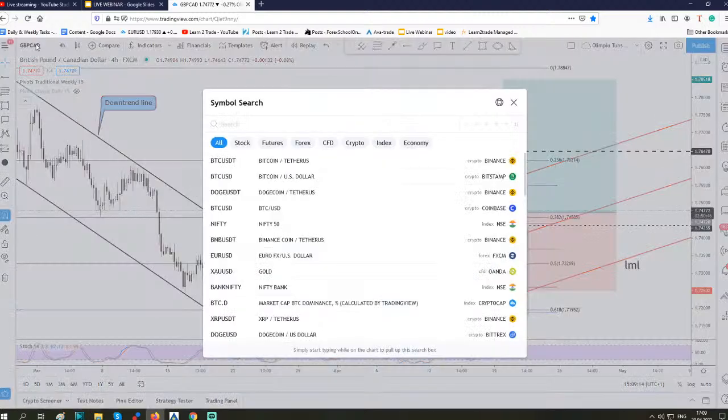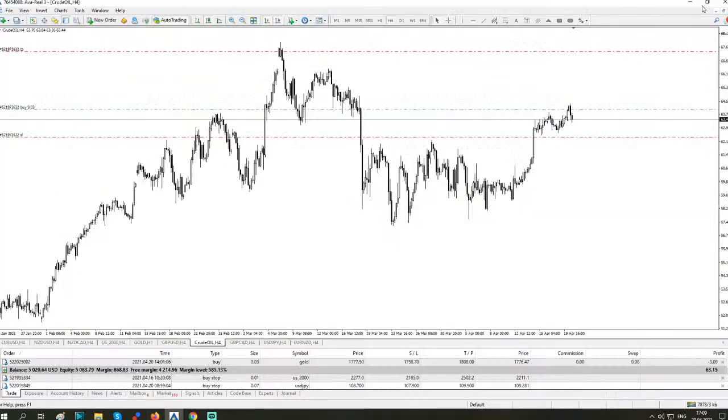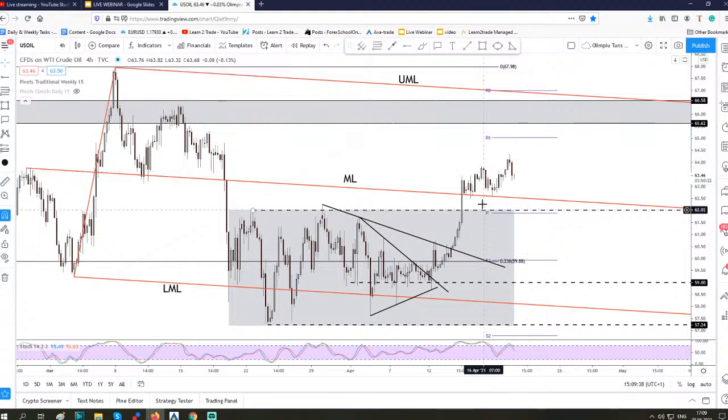US oil, and guys, we'll close and we'll end our webinar soon. It has decreased, but it could still increase. As I've told you, here we had a valid breakout right above this medium line of the descending pitchfork, a new higher high.